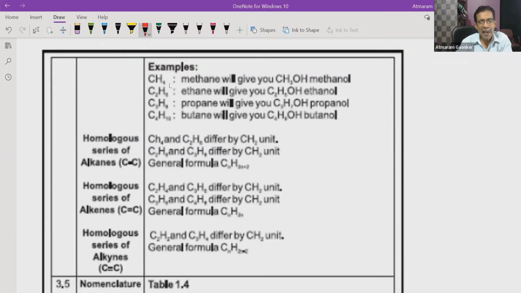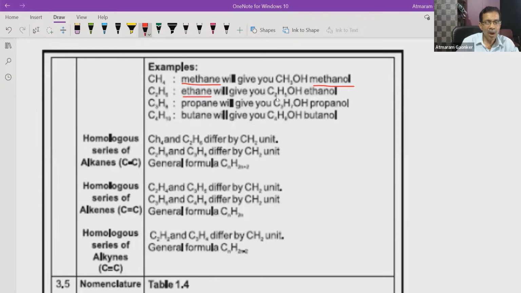and if you replace one hydrogen by one OH, then it will become CH3OH, that is called methanol. See, when alcohol is there, OH is the alcohol. At the last word you add OL. So methane will become methanol. Then ethane. Ethane is C2H6.